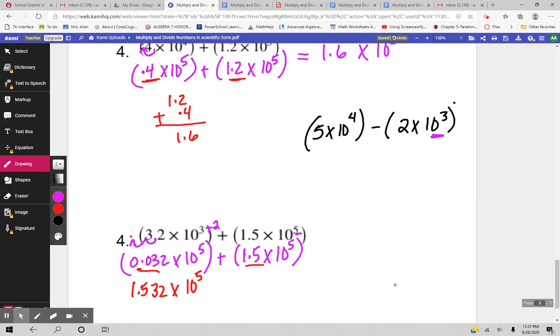So this has got to go up 1, so we add 1 here. Well, we made this number bigger by a power of 10. We got to make this smaller by a power of 10. It's going to move the decimal from here to here. Okay, so then we end up with 0.2 times 10 to the 4th power.